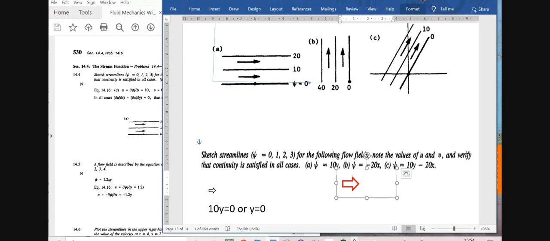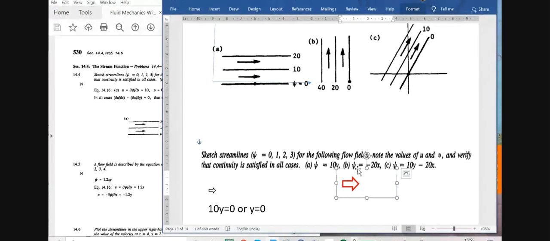And for that, what will you get? What is u for the second one? U is equal to 0. And v? It is plus 20.